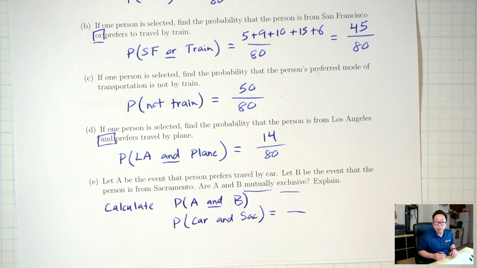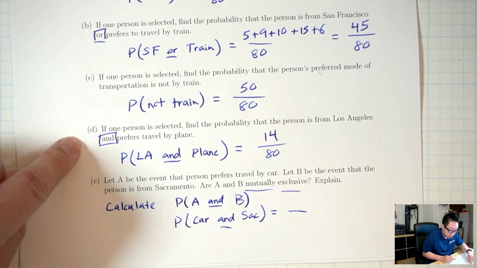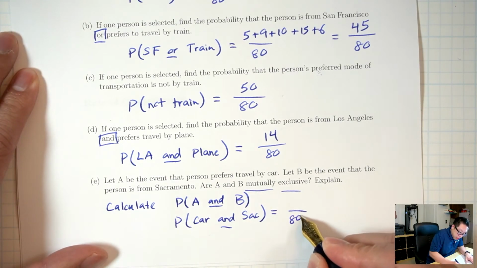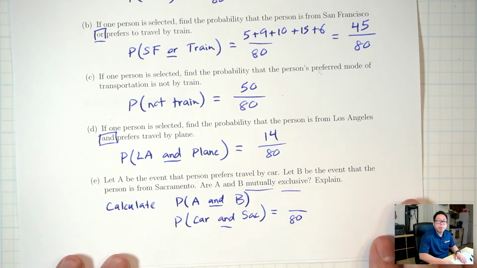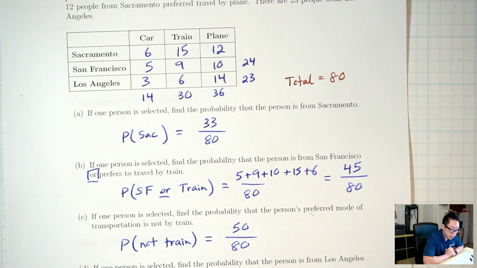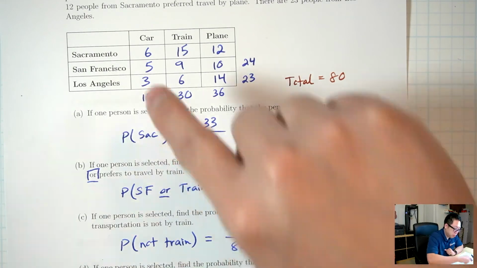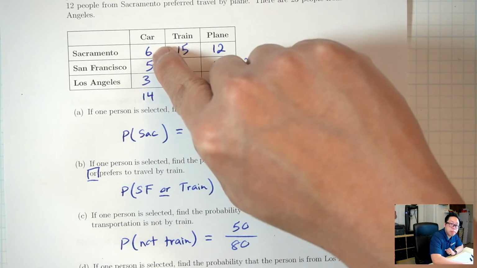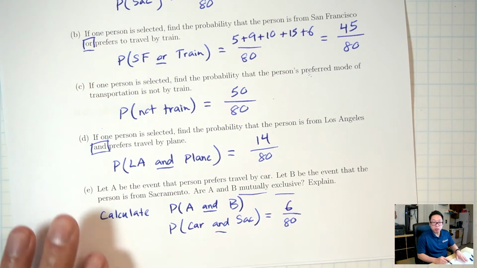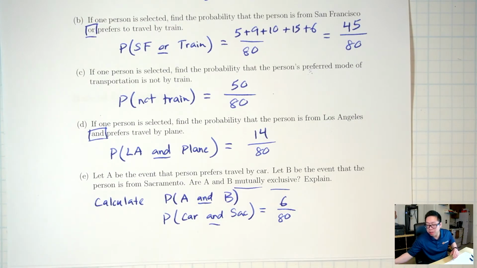And then you're just going to calculate, right? Just like we did in part D here, right? We calculated and. So the bottom is going to be 80, which is everybody. So car and Sac. So and it should just be a single number. So car, Sac. 6. And then to answer the question, right, we're checking whether or not it's 0.